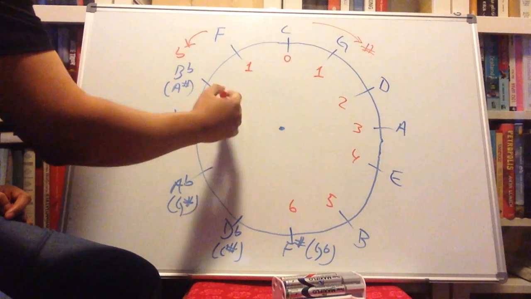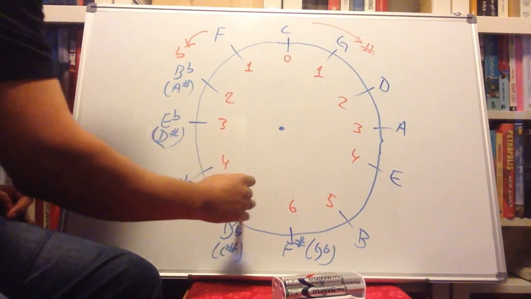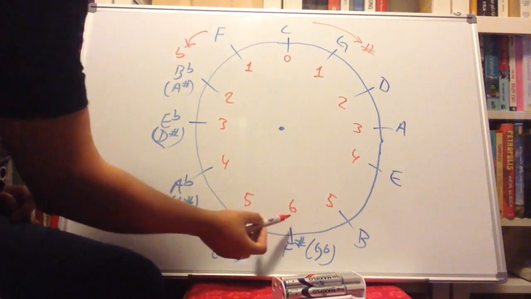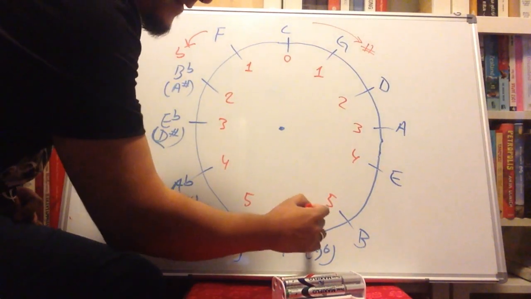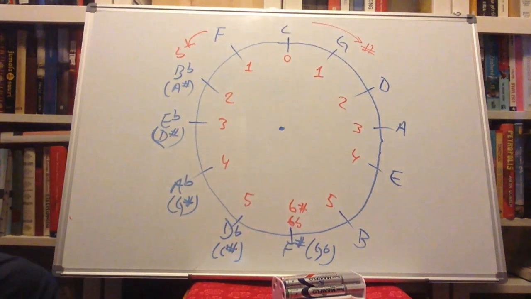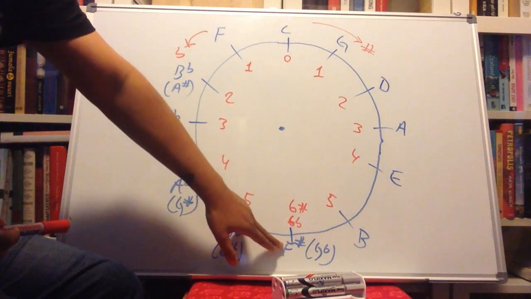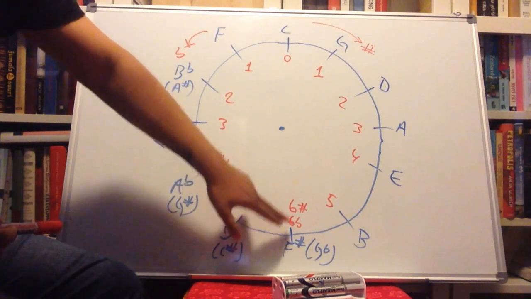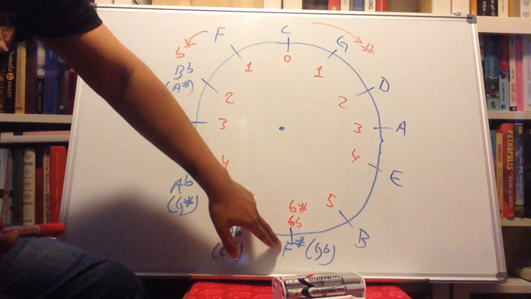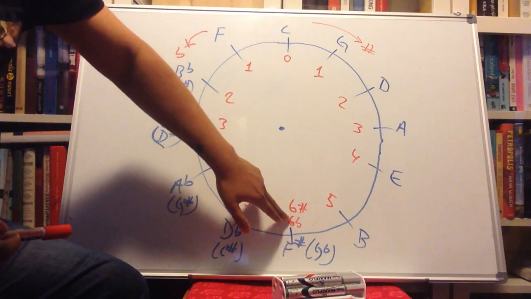Same case with B flat, we have 2 flats, 3 flats, 4 flats, and 5 flats. And here we would have 6 sharps and 6 flats, right? Because it's half. If you consider this as F sharp, you would say it has 6 sharps. If you consider this as G flat, you would say that it has 6 flats.